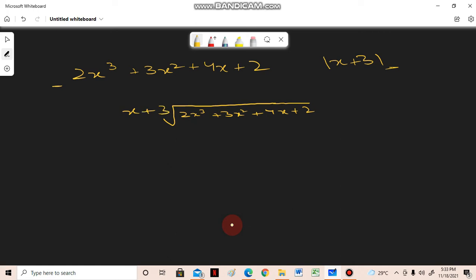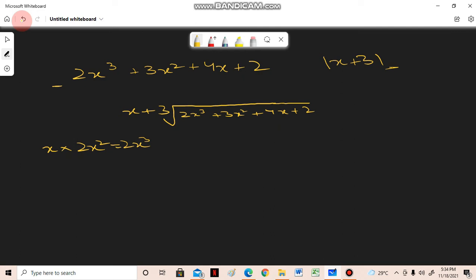Now the very first step is to see the first term, which is 2x cubed over here. Okay, now we have to see what term we can multiply x with to get 2x cubed. So we know that we can multiply x with 2x squared to get 2x cubed, right?